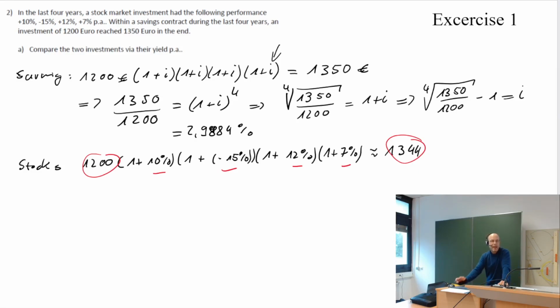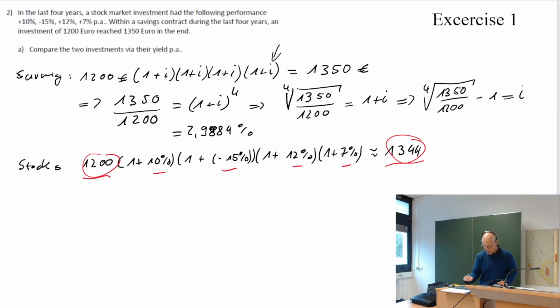And so what we have to do now is to calculate the geometric mean of these numbers, because what we want is an interest rate which is constant over time, which means that we also come from 1,200 to 1,344.